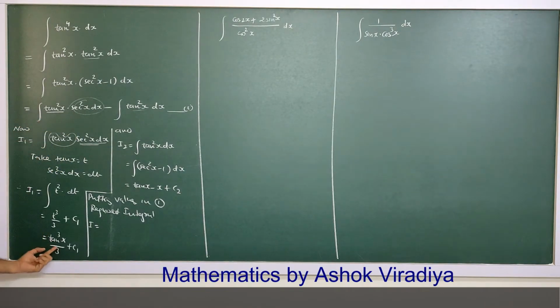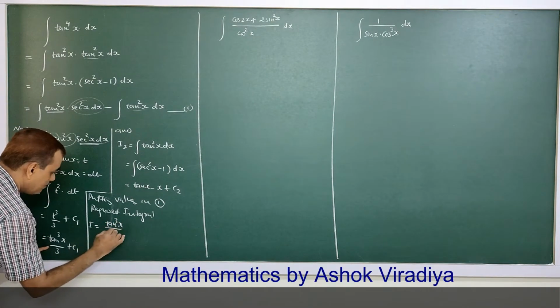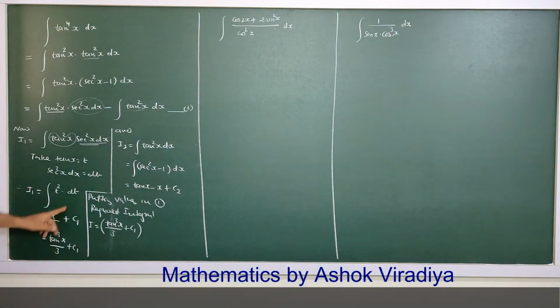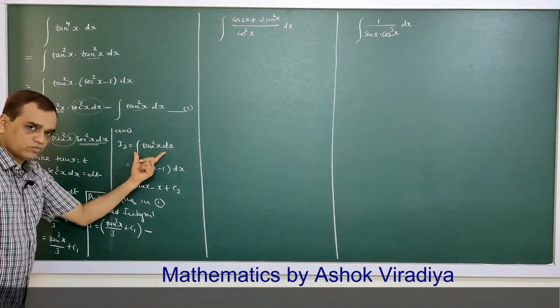I1 is what? tan cube x upon 3 plus c1. Then minus, this was I2.